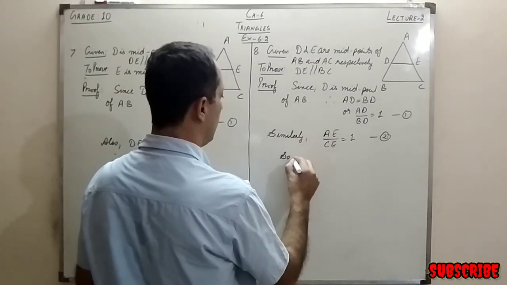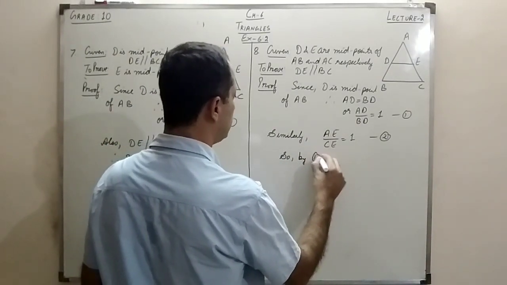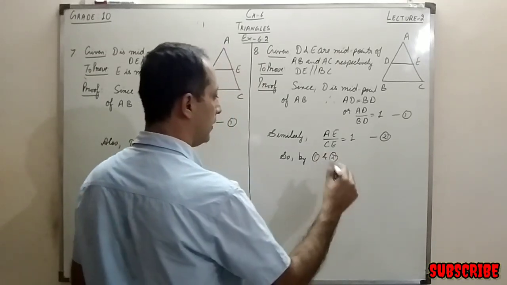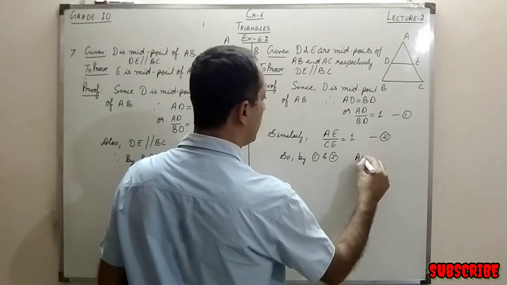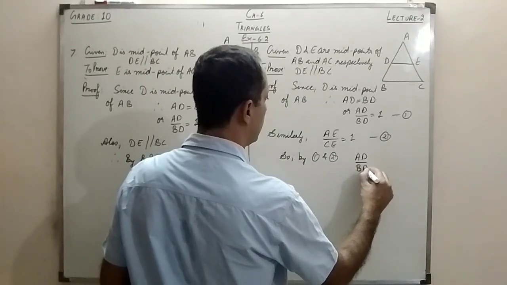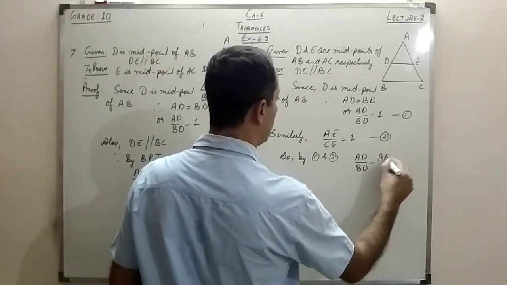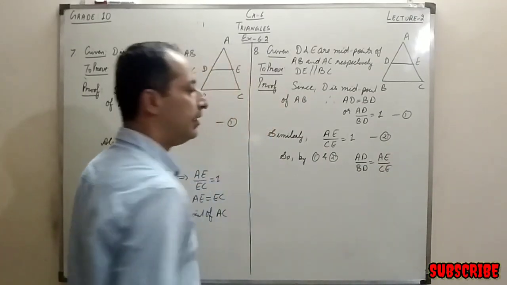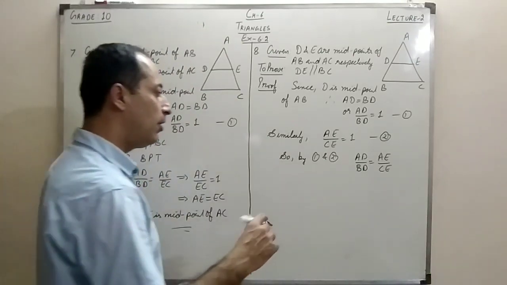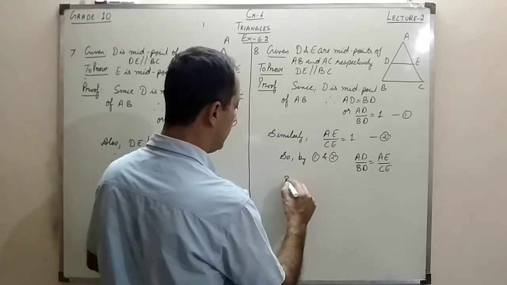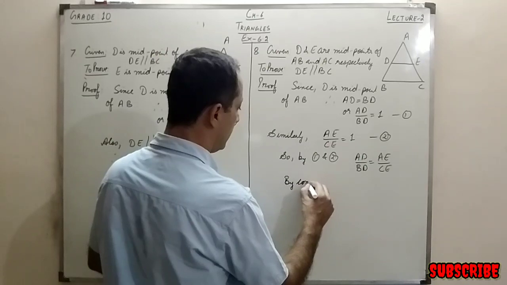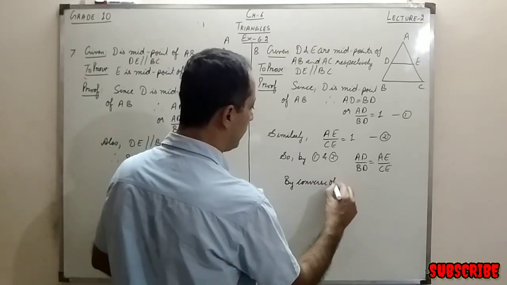So by 1 and 2, AD upon BD is equal to AE by CE. Right? So now what can I do? I can just apply the converse of BPT.